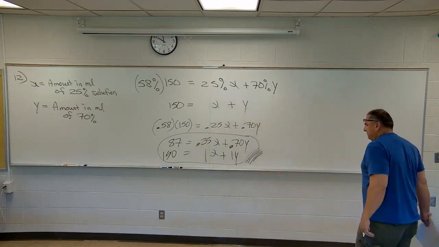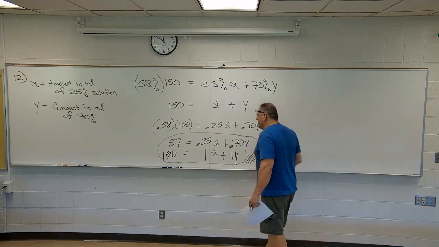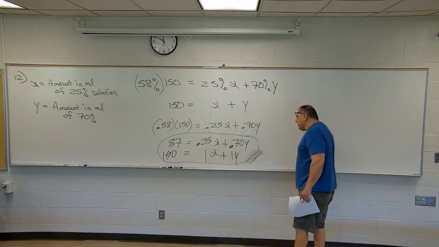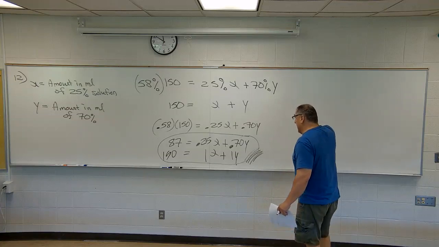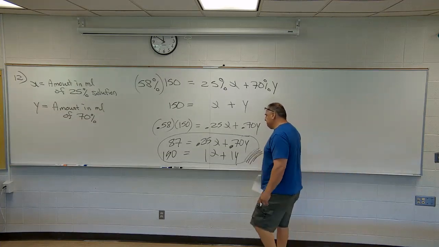That is it. You can do this a whole bunch of ways because this is solving 2 equations and 2 unknowns. I think the elimination method is probably what's jumping out at me right now.